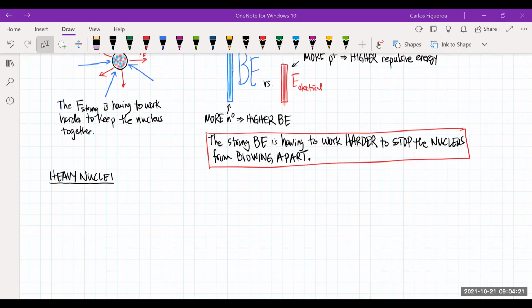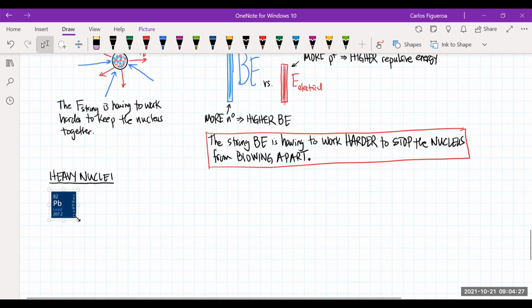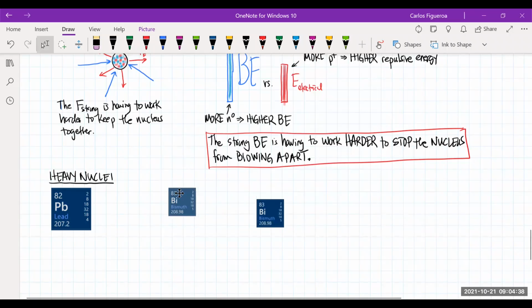I need lead, and we've already calculated the details of lead. And the other element I need is bismuth.